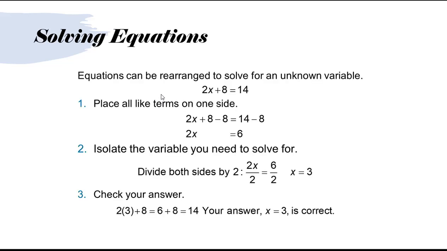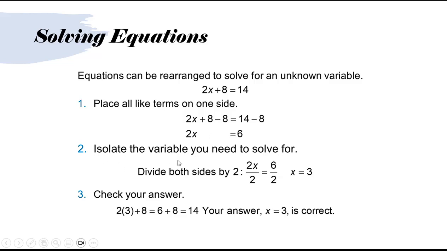All right, solving equations is another important skill in chemistry. Often to solve equations, we first have to rearrange the equation in order to solve for our unknown variable. To rearrange equations, the first thing you do is place all like terms on the same side. If we're trying to solve for x, we want all our x's on one side and all our non-x's on the other side.